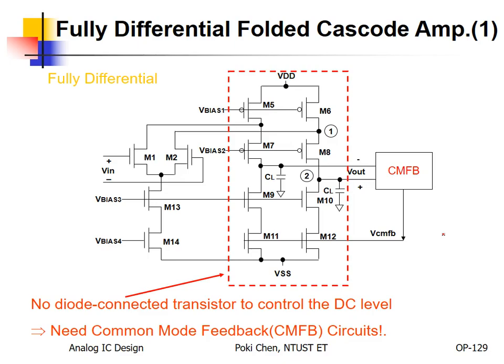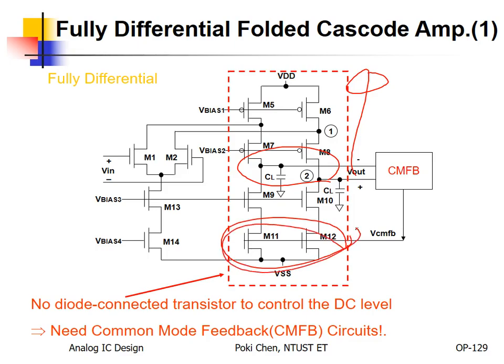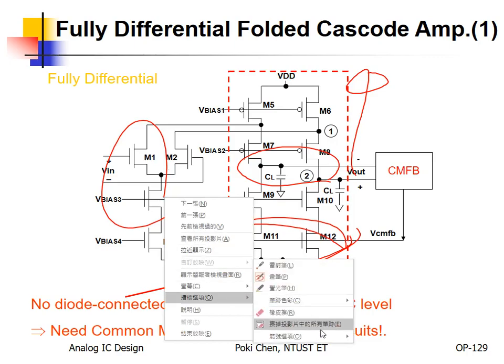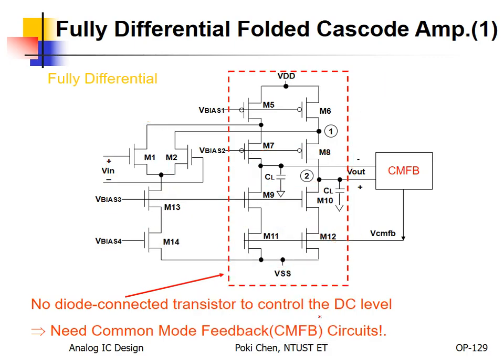And then the concept is, if the common mode voltage is higher, then you need to push it back. But how? You need to increase the bias for the transistor at the other side of the input. I am talking about the concept; the detail comes later after the break.